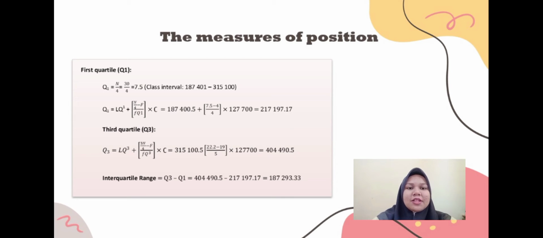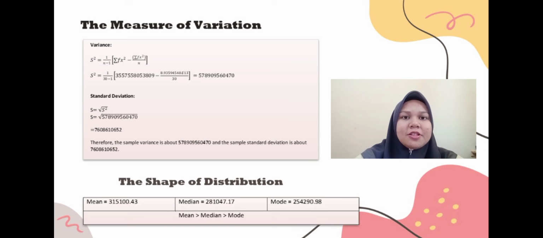We find the first quartile and third quartile using a formula. The first quartile is 217,197.17, and the third quartile is 187,293.33. The interquartile range is 187,293.33. The last one is 3.3, the measure of variation. We also use a formula to calculate this.